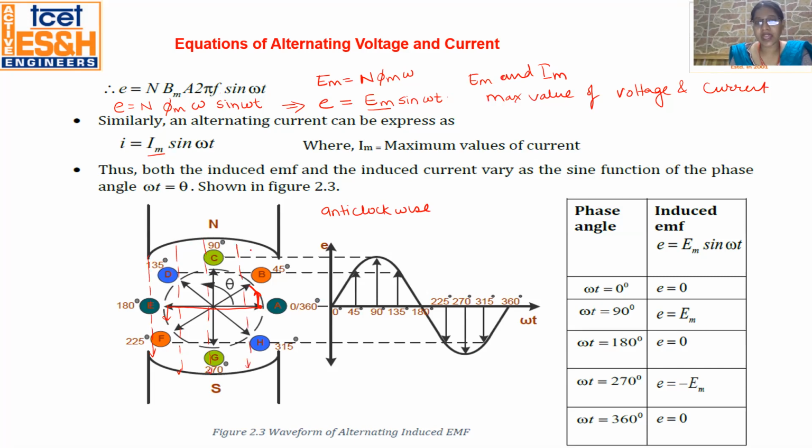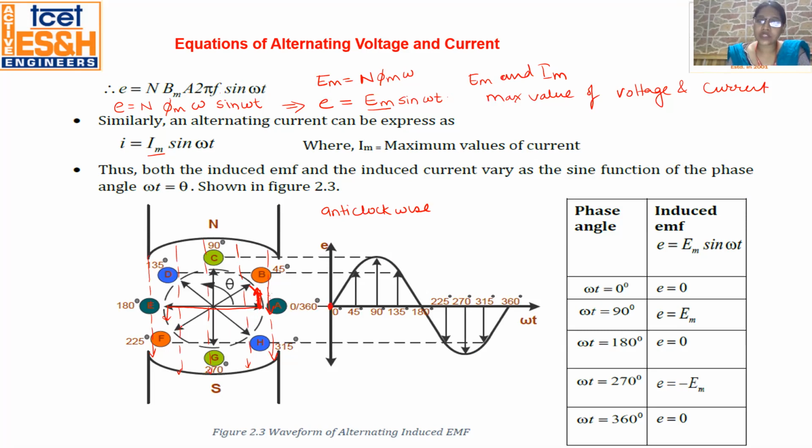And the component of velocity is also straight. So the line of magnetic field and the component of velocity are parallel to each other. So there is no cutting of the magnetic field. What happened? There is no voltage generation.